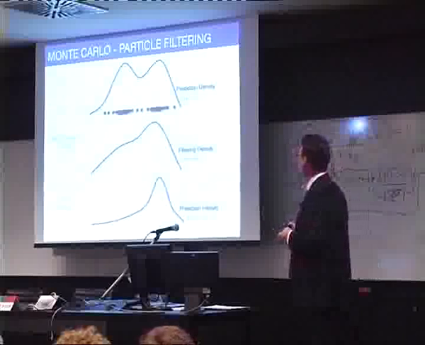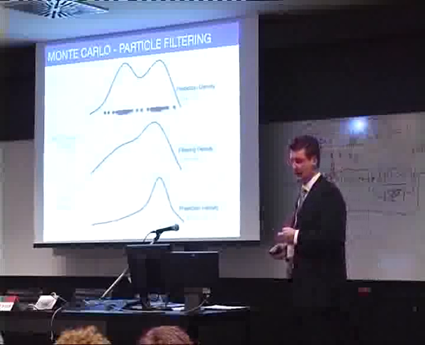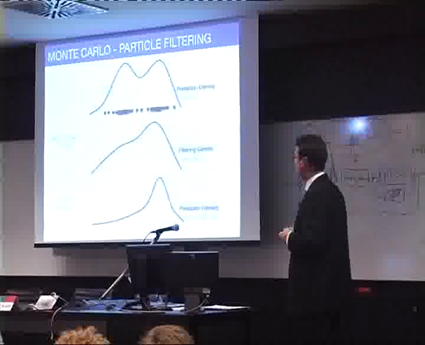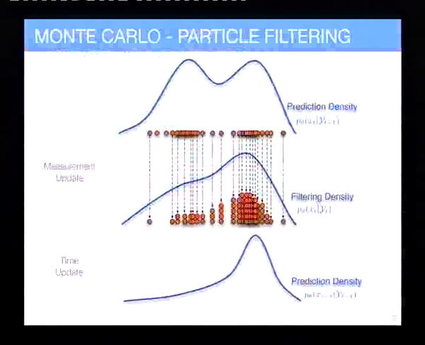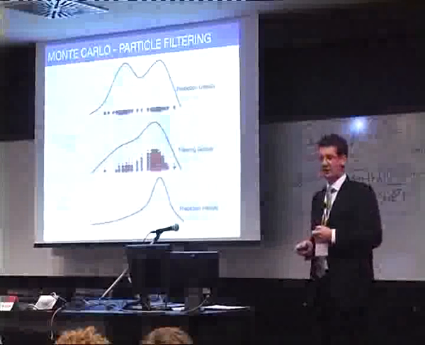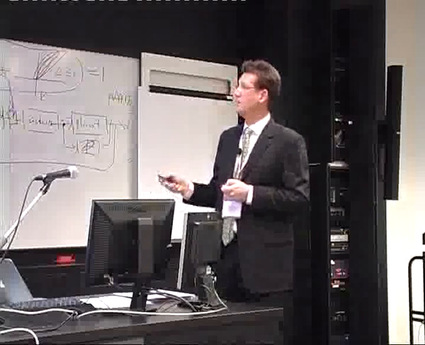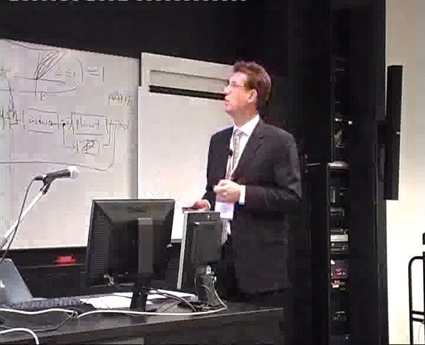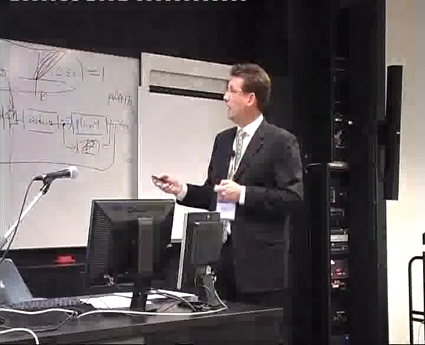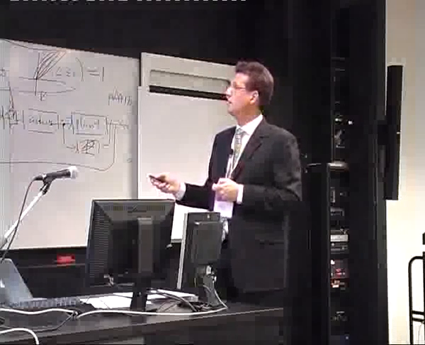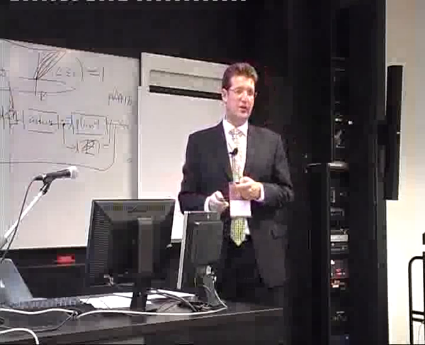Let's suppose I start off by having draws from a random number generator from this prediction density at time t. I can use those draws as an alphabet from which possible draws could be taken from the filtering density at time t. And the way I use this alphabet is that I sample from it with replacement. And the way I sample is I consider whether the filtering density, a particular particle here, would lead to the observed output being likely or not.